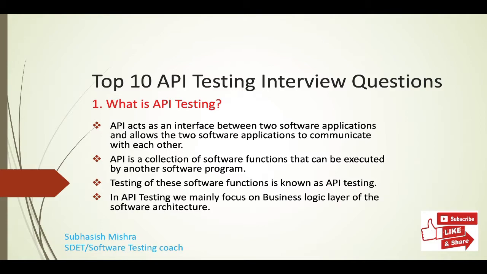By API testing, we can confirm our APIs are working as expected in terms of functionality, reliability, performance, and security of an application. So that's good enough to explain what is API testing. We'll move to the next one.